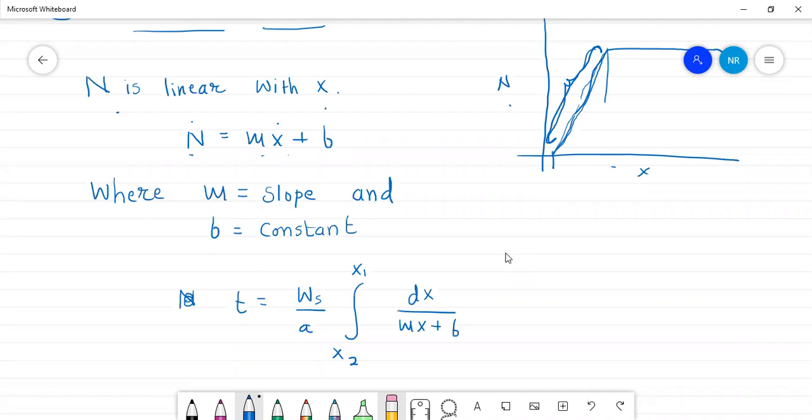We integrate between the two moisture contents, dX divided by mX plus b. So in the special case where N is linear, after integration, t is equal to Ws divided by A ln of (mX1 plus b) divided by (mX2 plus b).